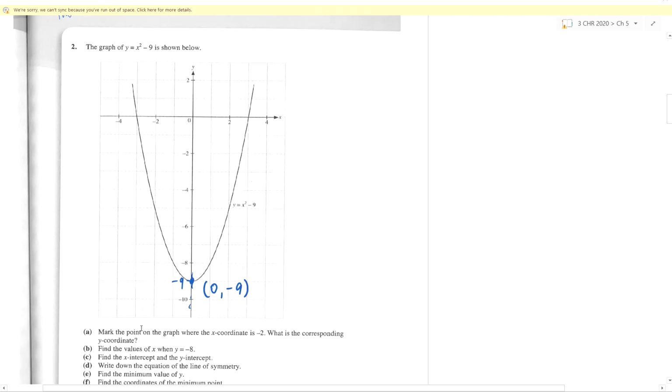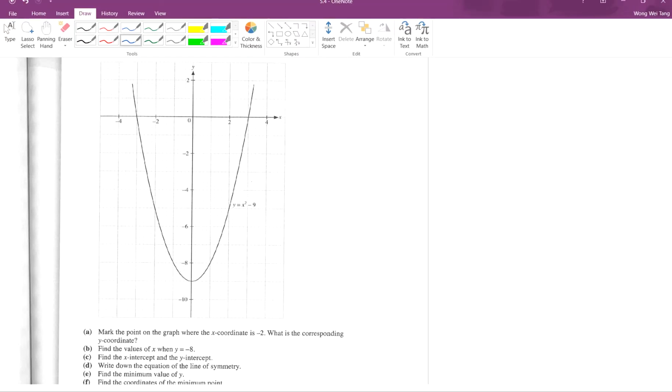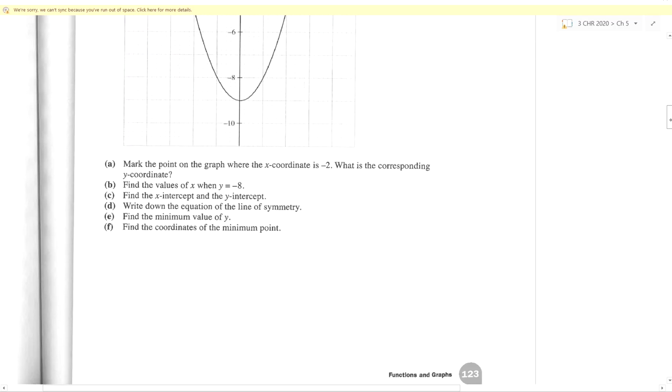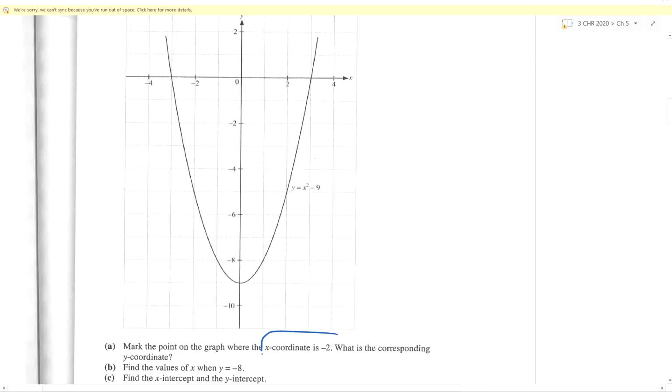Now, in part A, we have to mark the point on the graph where the x coordinate is negative 2. X coordinate being negative 2 implies that we are looking for block negative 2. So blocks are vertical. So here we have block negative 2.